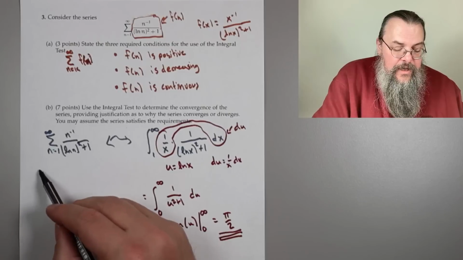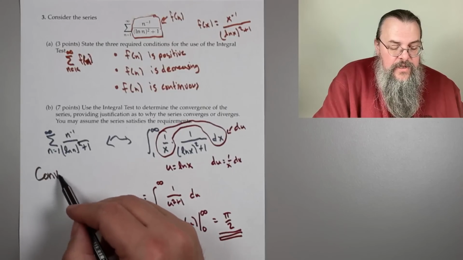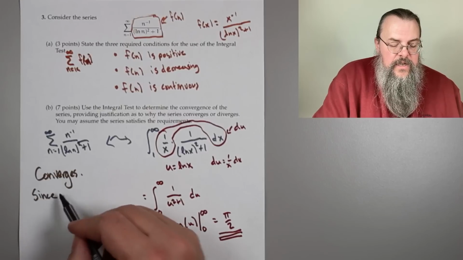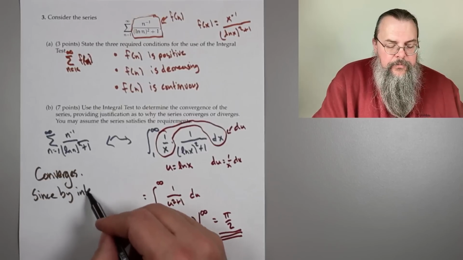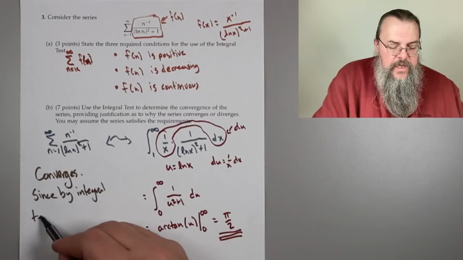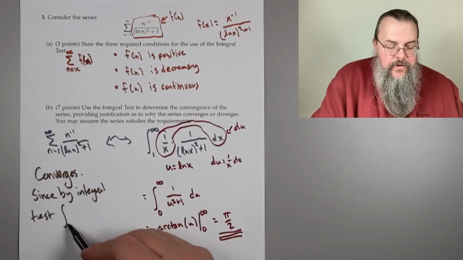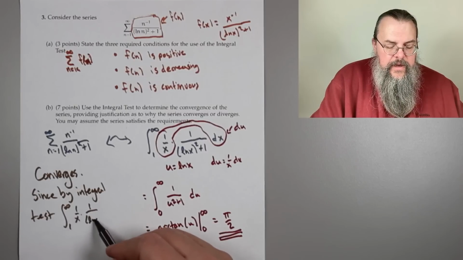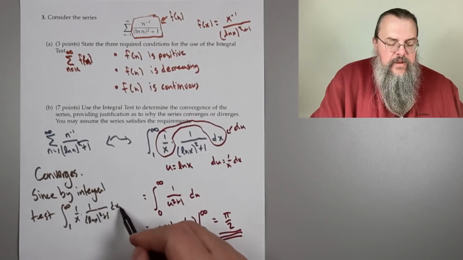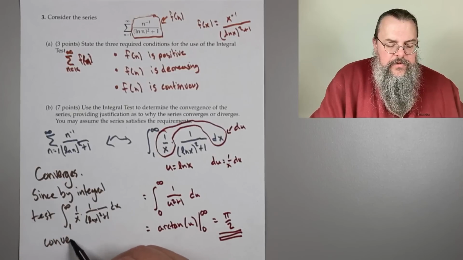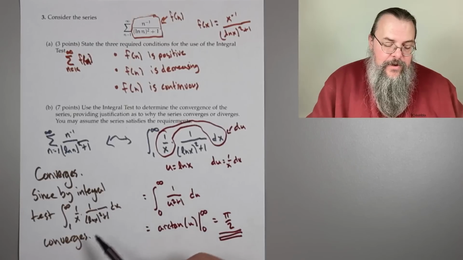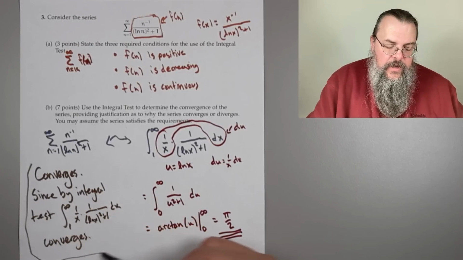So we say, okay, this converges, that's the conclusion, since by the integral test, the integral from 1 to infinity of 1 over x times (log x squared plus 1) dx converges. And when we say an integral converges, it means it goes to something finite. And so that's our conclusion.